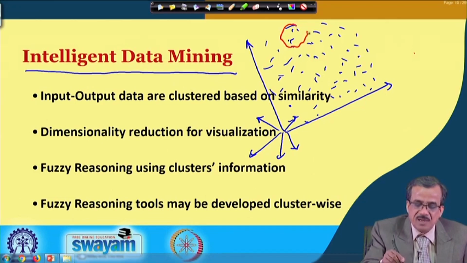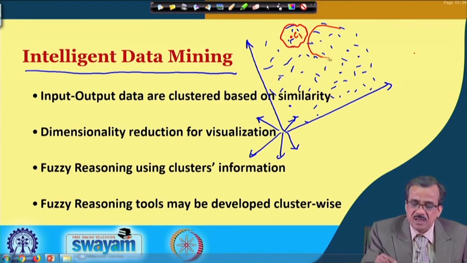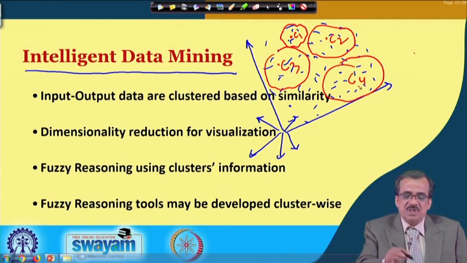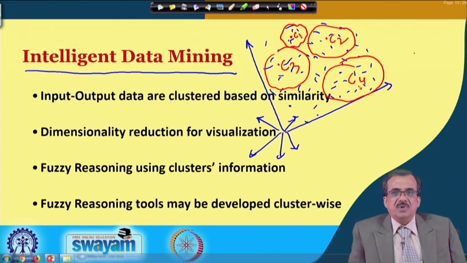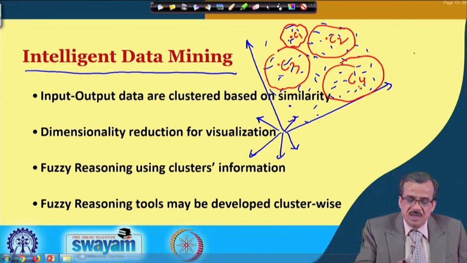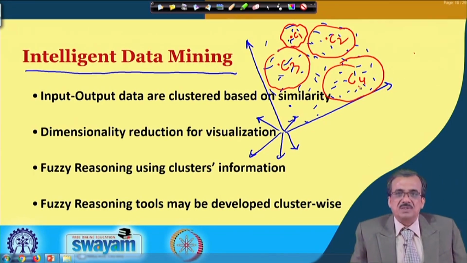I have got one cluster here and it has got a center. I have got another cluster here, say it has got a center. I have got another cluster here, so it has got a center here, and another cluster here, and so on. For simplicity, let me consider for the timing there are only 4 clusters. The data are such that we have got only 4 clusters.